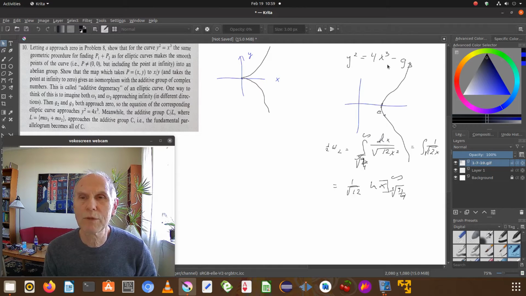Because this polynomial has 3 roots, one here, and one here, so it should work fine. So I guess I've made a mistake here.